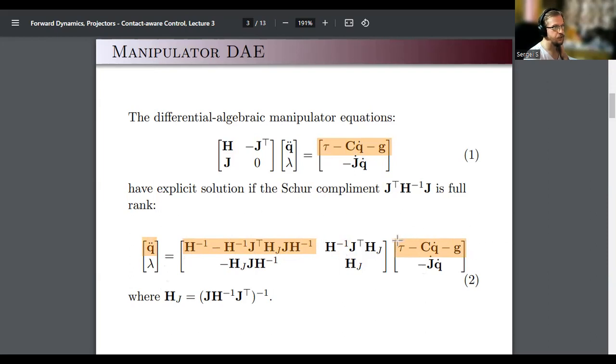So the right-hand side of the manipulator equations will be multiplied by this huge thing, an inverse of the Schur complement, which is conjugated by the constraint Jacobian, multiplying both sides by H inverse. And this is like minus H inverse.